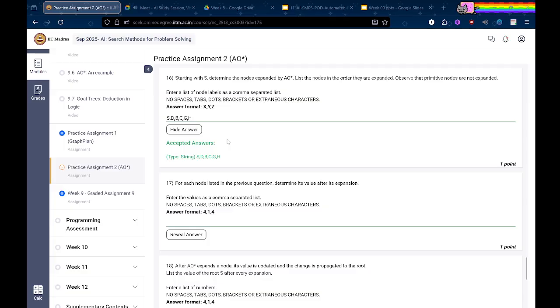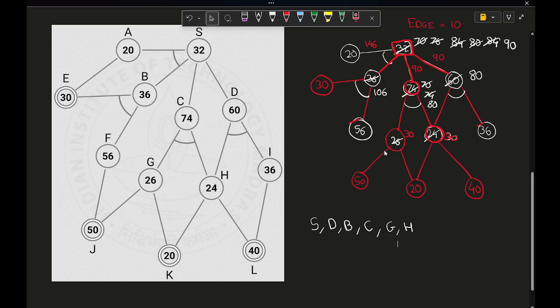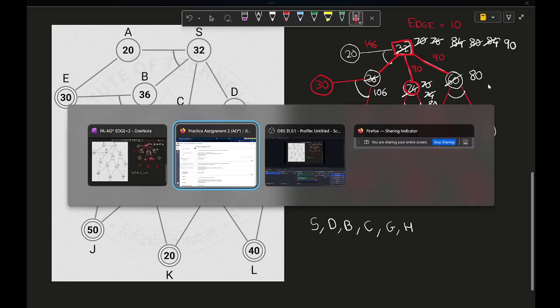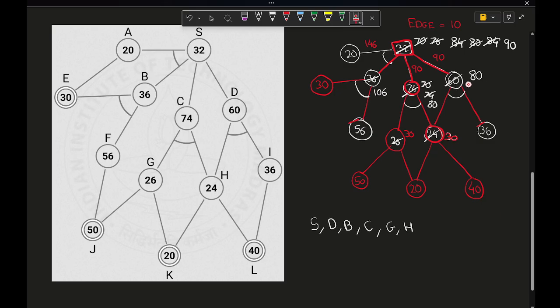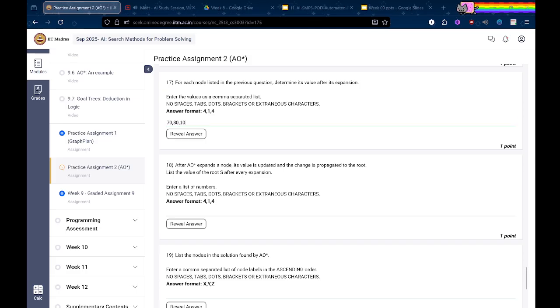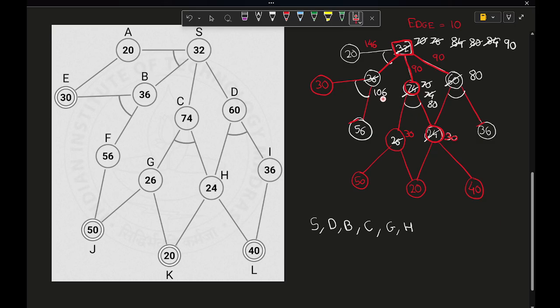Okay. Now for each node in the previous question, determine its value after expansion. So that's something I kept track of here. So 70 first, then 80, then 106, then 70, right?